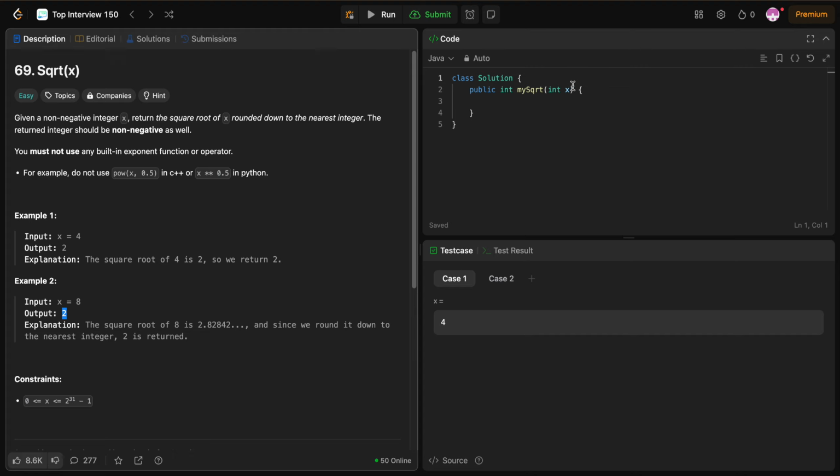Okay, so let's do this. Int count equals 0. Okay, so while, I guess we'll start at 1. Int count equals 1.